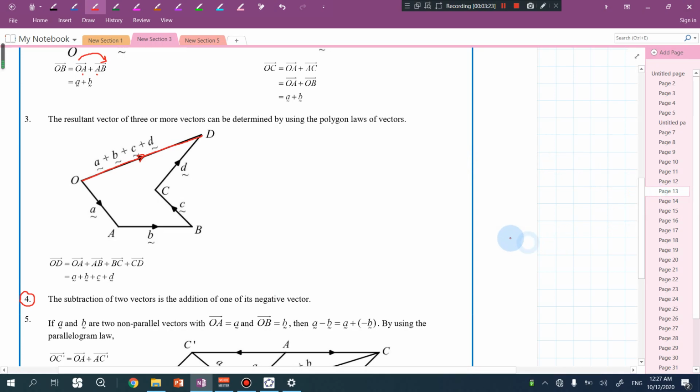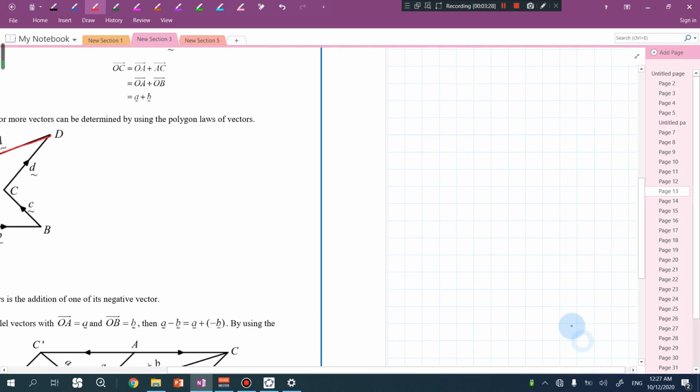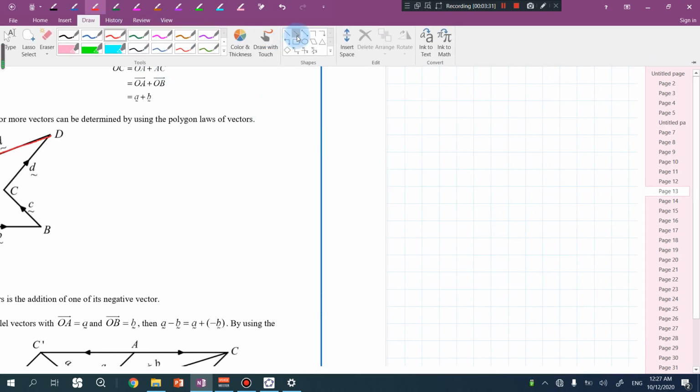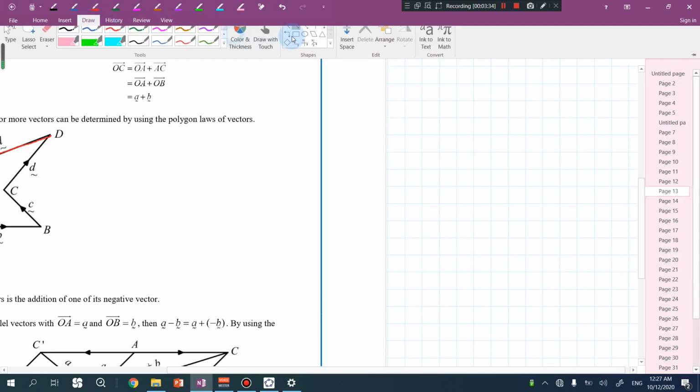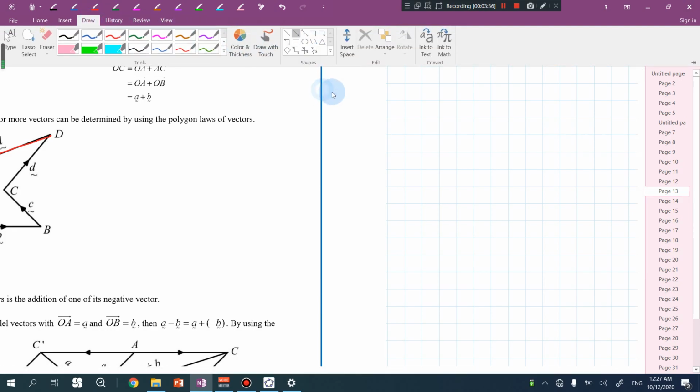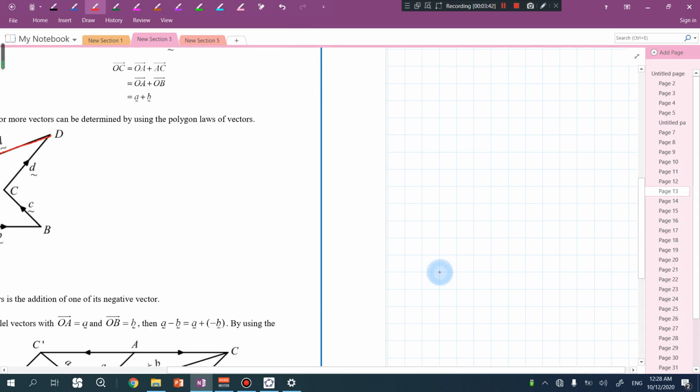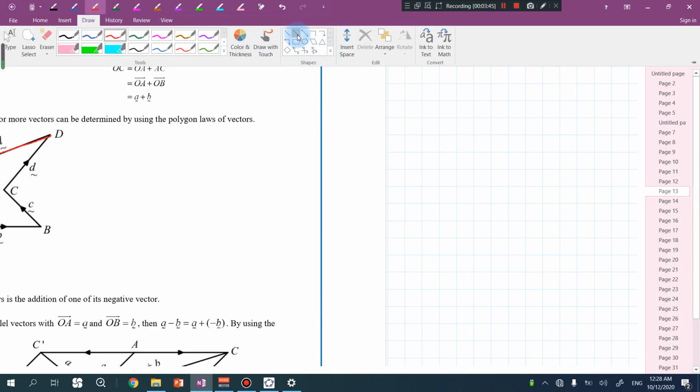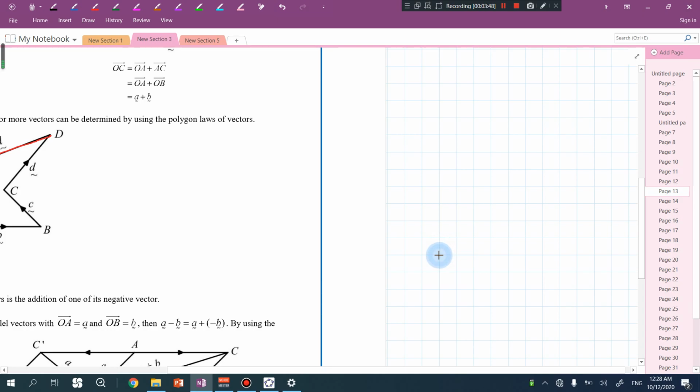For example, if I ask you to draw, let me draw over here. Let's say this is vector A, and then I have another vector, which is vector B, over here.